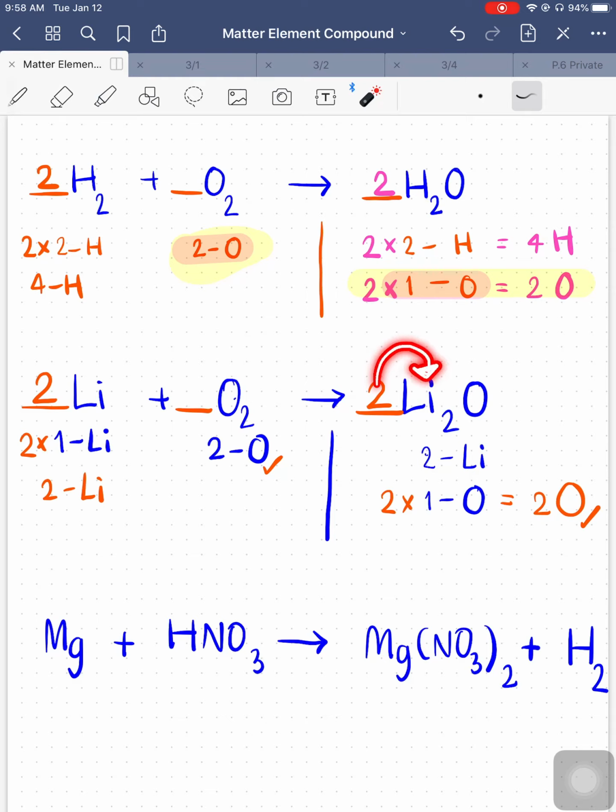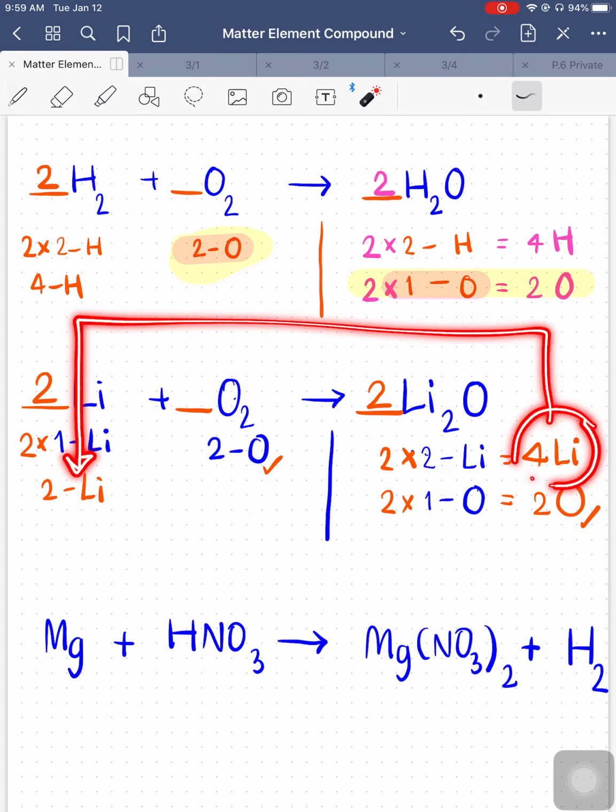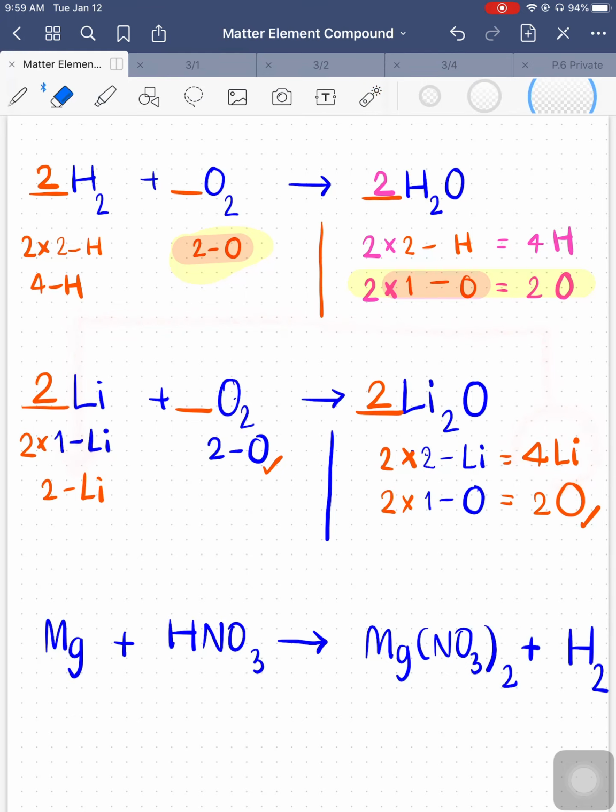Oh my goodness, what happened? The lithium is not 2 at all, right? Lithium will be times 2 also. So you have to times 2. It will be 4 lithium. Oh, people, let's see. This is 4 lithium. This is just 2 lithium. It's not correct. So you have to make it more.